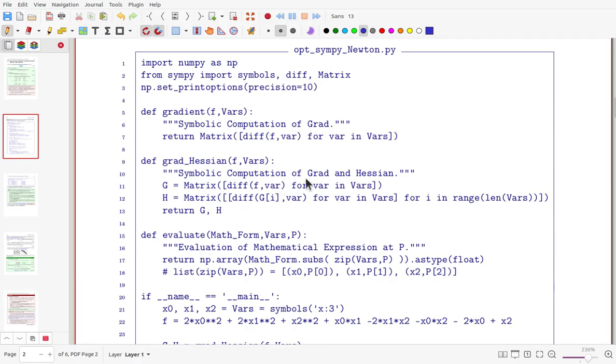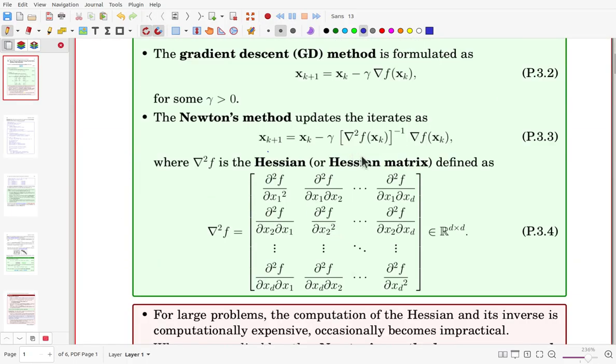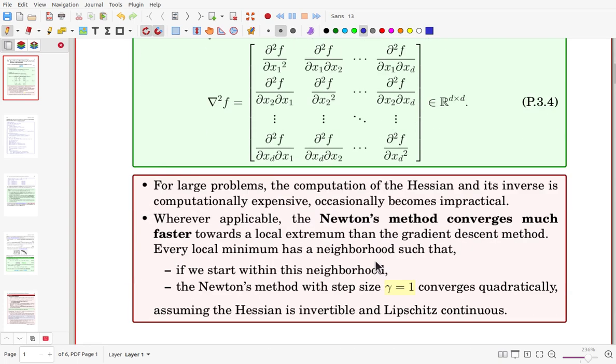Now symbolically, we found this gradient and Hessian, so you have to evaluate the gradient and Hessian once a point is selected, as in this formula. Once you find, for example, the Hessian symbolically, and xk is a numeric vector, then you have to evaluate this matrix as numeric values.